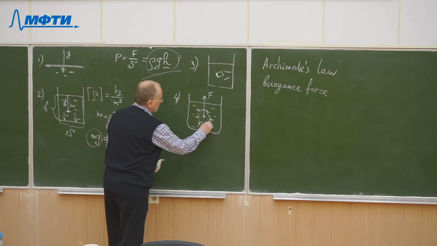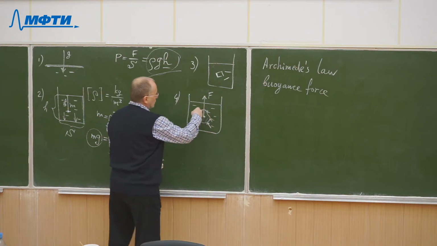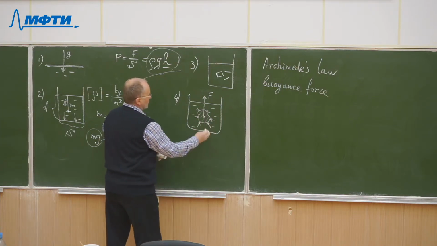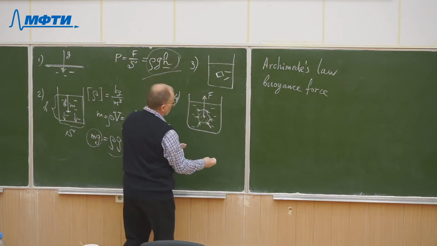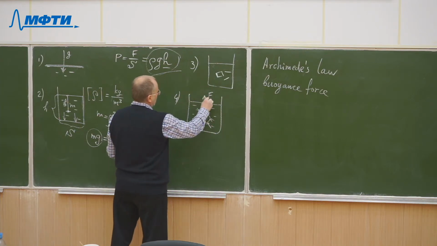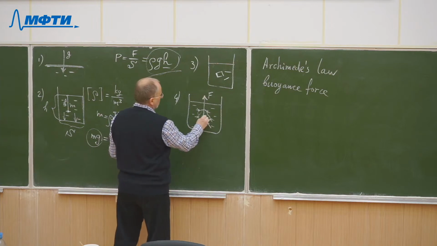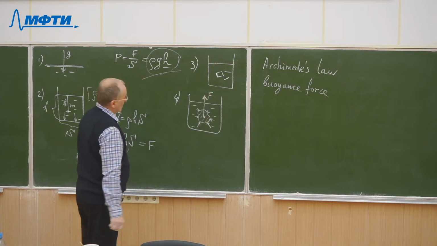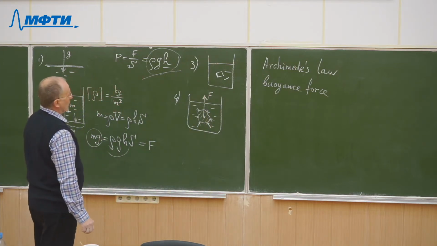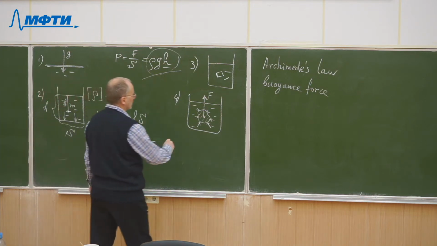Here forces are larger. And therefore, the total force acting on this body will have a resultant, or the net force, directed upward. Why do we know it, and how can we calculate this force?